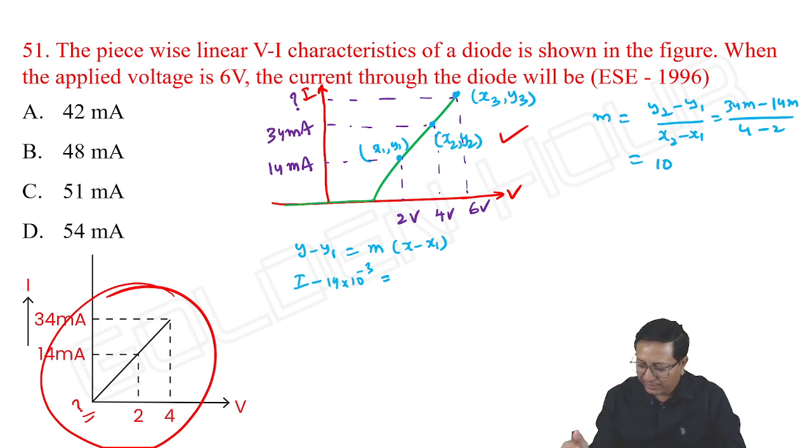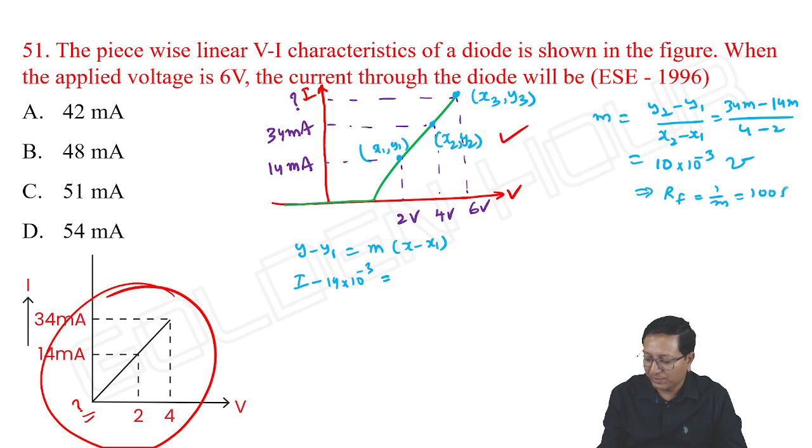We can write 10 into 10 power minus 3 slope. Millimhos, of course. 1 by resistance, or 100 ohms. In terms of R means it is the reciprocal of it. Okay, 100 ohms is the slope of this line. R implies RF is equal to 1 by slope, 100 ohms.